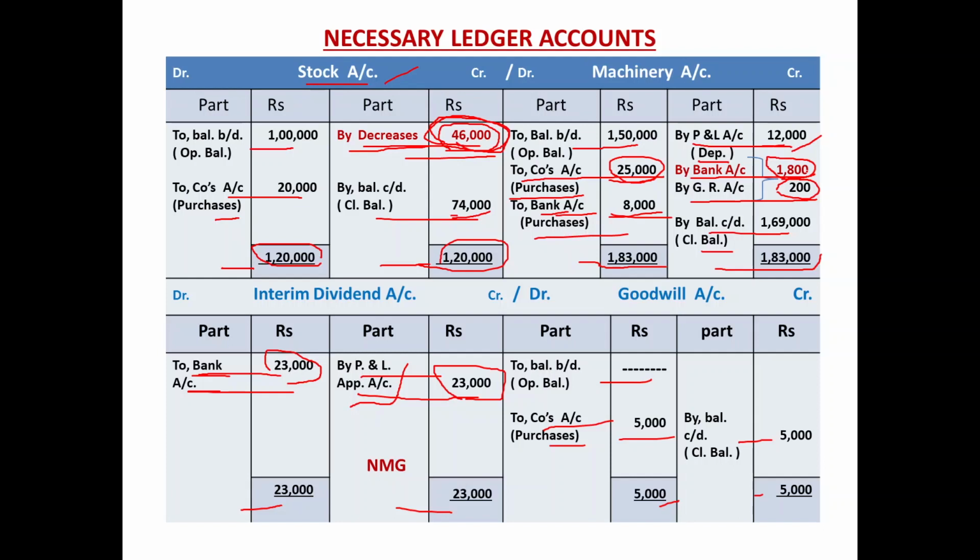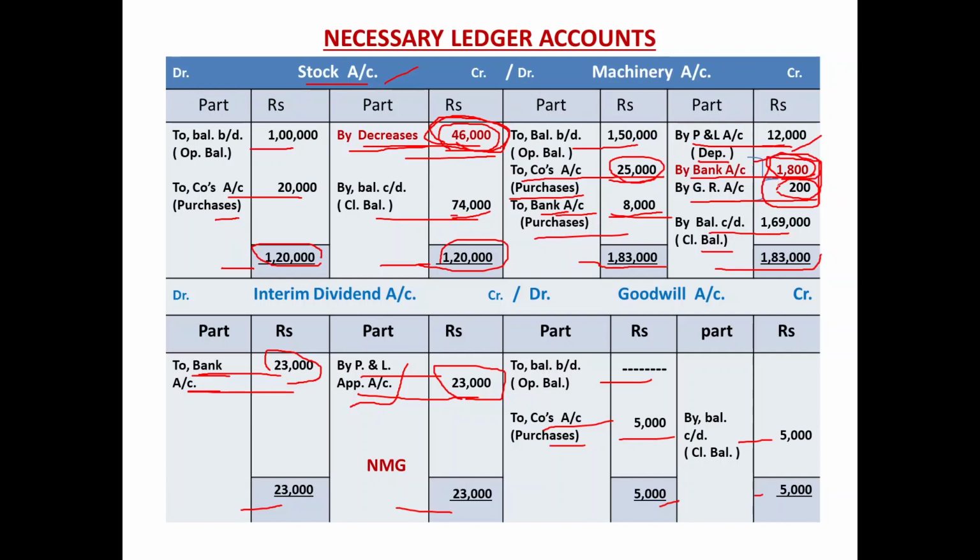So if we have to pass the JE, bank account debited 1800, GR account debited, that is for the loss amount 200, to machinery account credited 2000. So the original cost of this machine which has been sold must be rupees 2000 and the selling price rupees 1800.